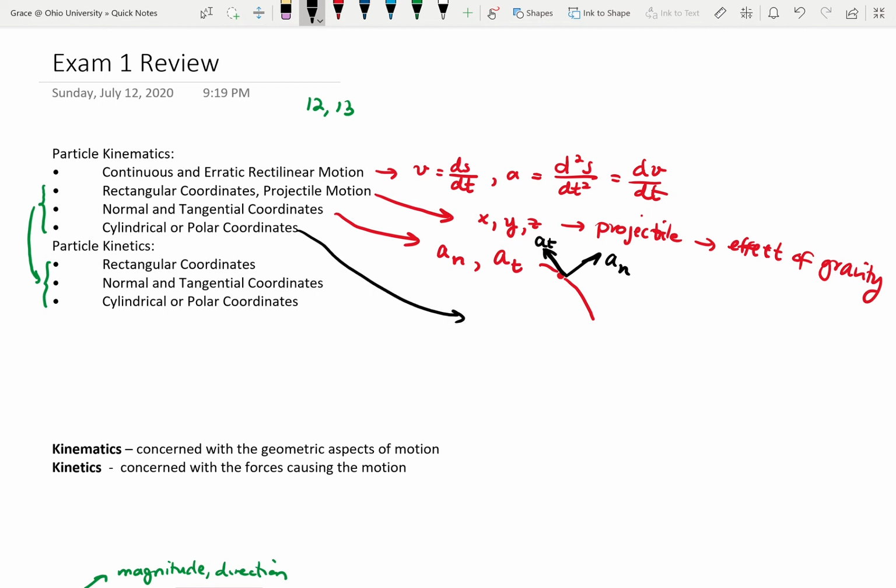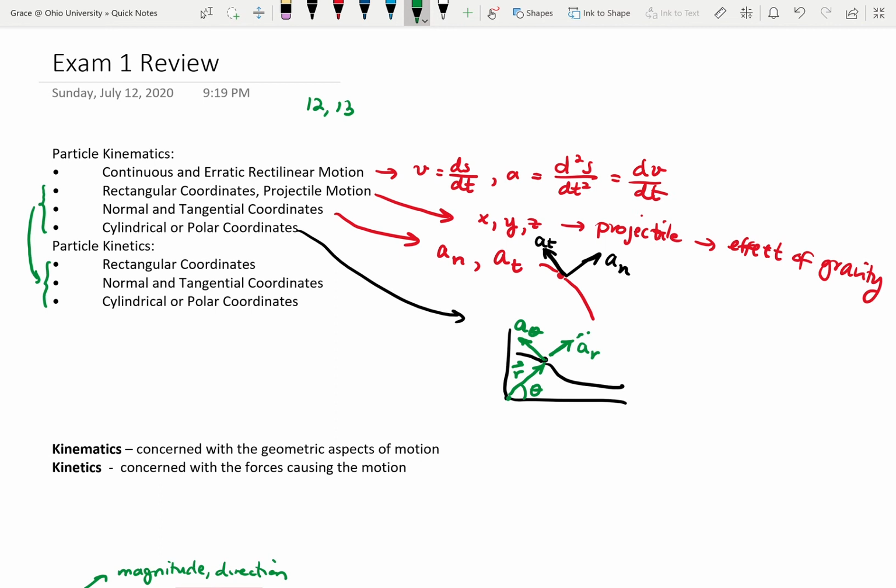What you want to pay attention to is, if you have a curve based on your radial distance, which goes from 0 or your origin to where your particle is, which is at theta, you want to go ahead and project it. Then you have the component of the particle's position, velocity, and acceleration, which is going to be a sub r. And then 90 degrees to that counterclockwise is going to be a sub theta. So now, as mentioned earlier, rectangular coordinates, normal and tangential, or cylindrical, is pretty much the same as what we've done for kinetics.